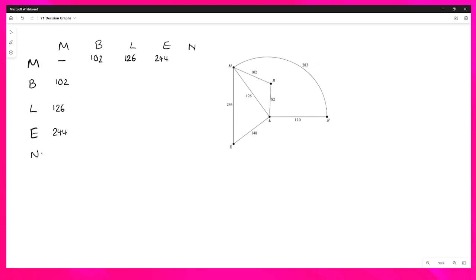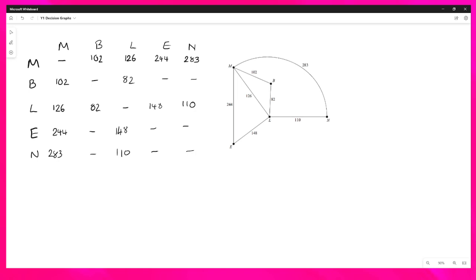And M to N is 283. And this is what your finished matrix should look like. You can see there's lots of dashes because there's lots of vertices that don't have a direct connection.